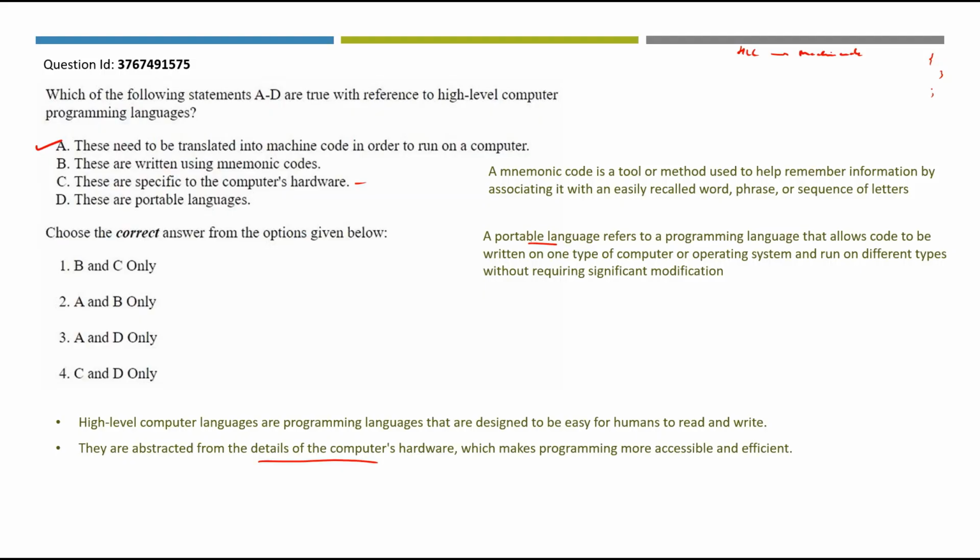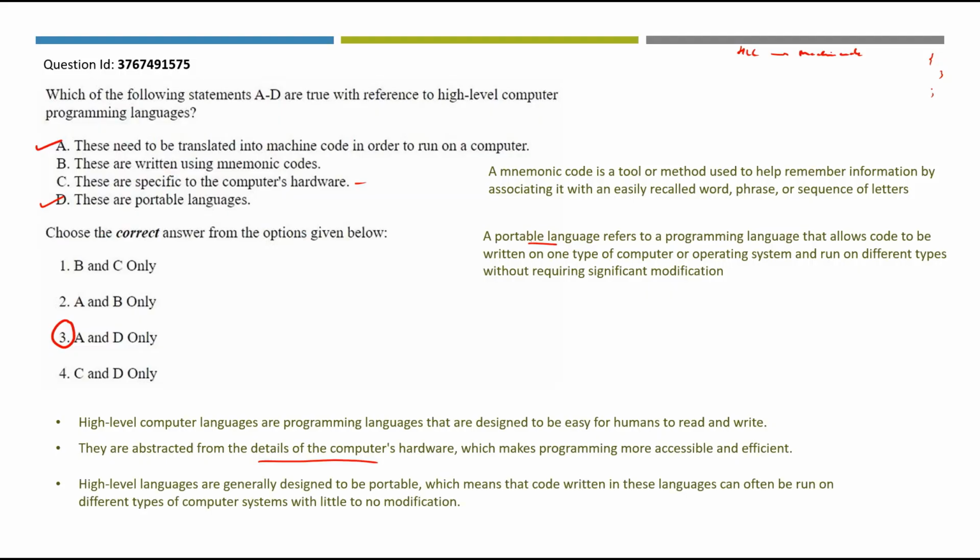So definitely high-level languages are portable. So what are the right options here? Option 3, A and D only will be the right answer, and I have told you why B and C are wrong. High-level languages are generally designed to be portable, which means the code written in these languages can often be run on different types of computer systems with little to no modification.